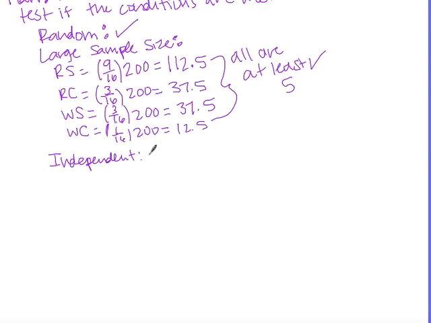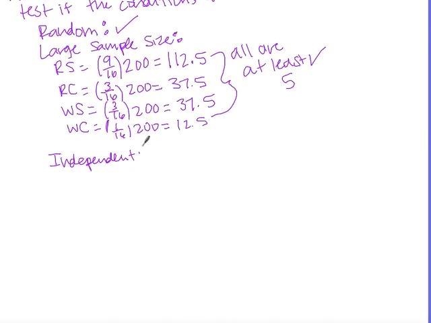Next, we have to do independent. So when we do independent, we basically have to check and see that the 10% condition is met. And so to do that, we would basically do 200 times 10, and that would give me 2,000.